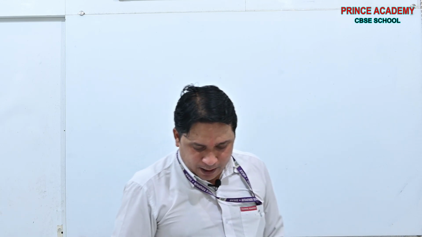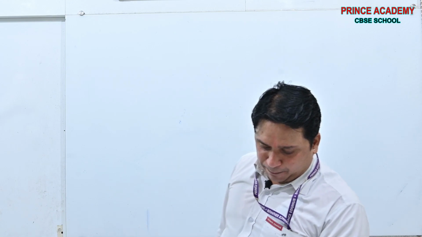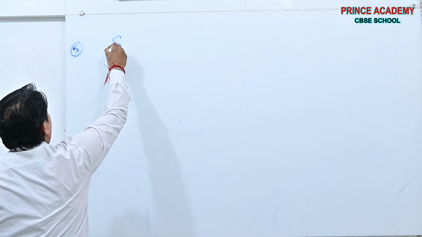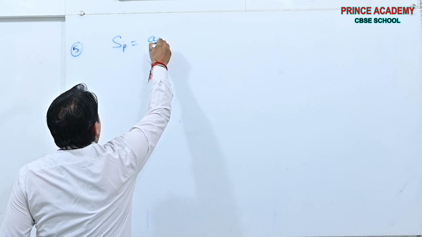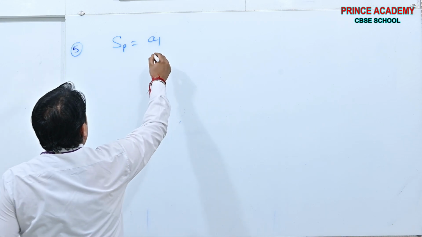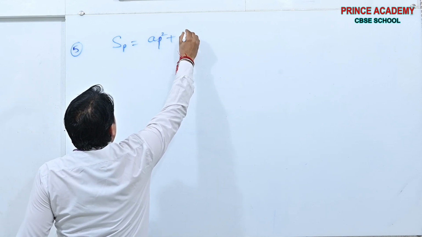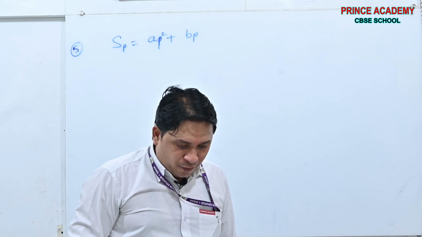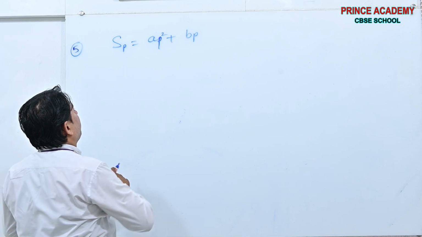See beta, question number 5. If the sum of p terms of an AP is given by A P square plus B P, then find the common difference.